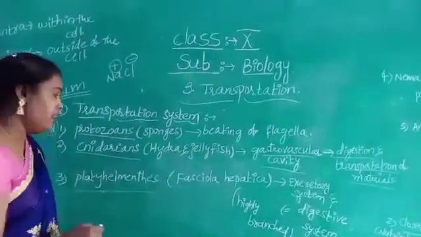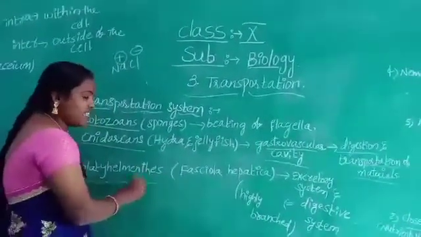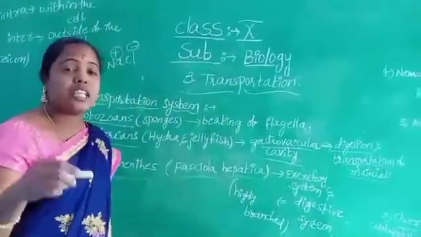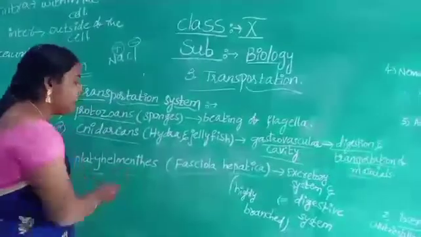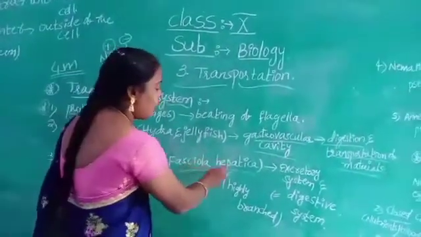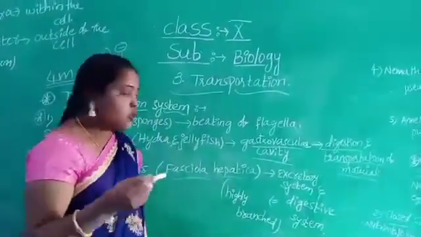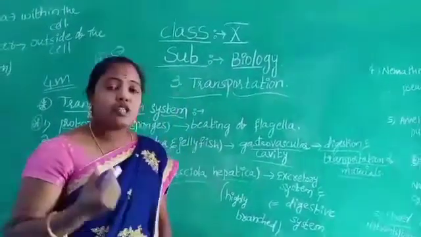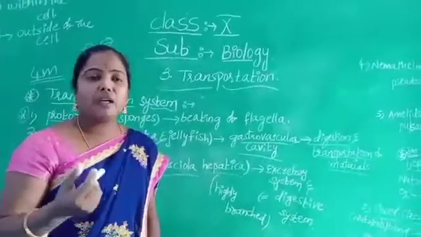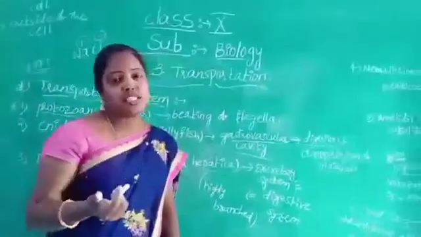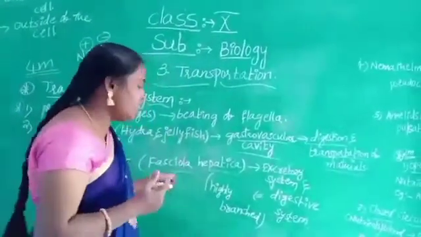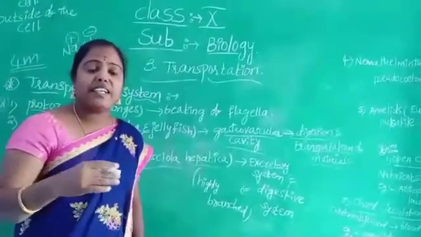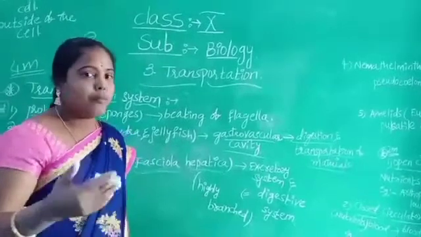Very very important. The platyhelminthes example is Fasciola hepatica. What is the example of platyhelminthes? Fasciola hepatica. This organism contains a special and highly branched digestion system, which is very special because it contains many branches.